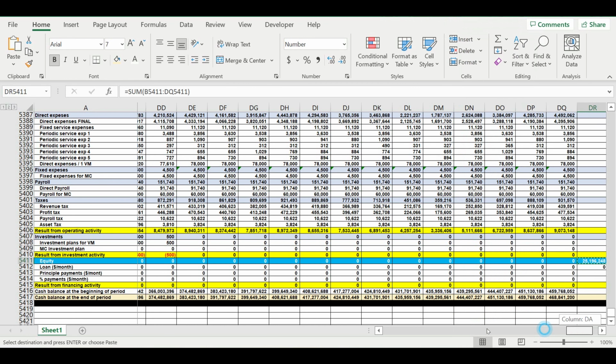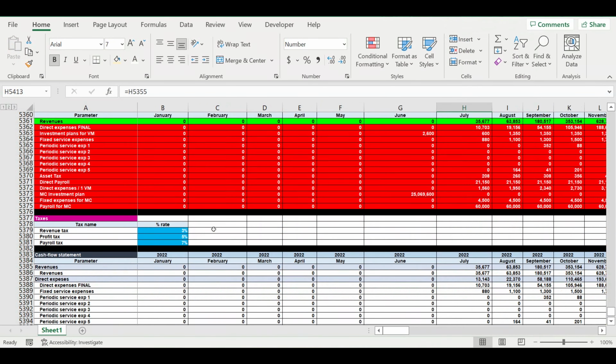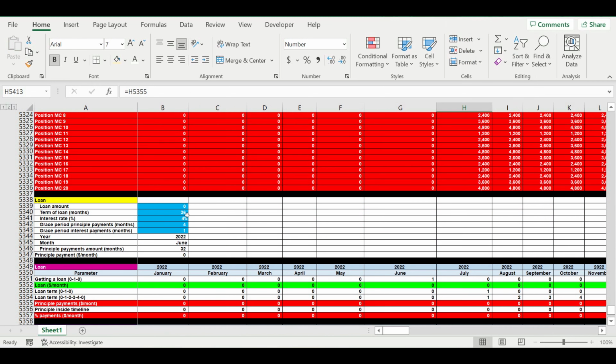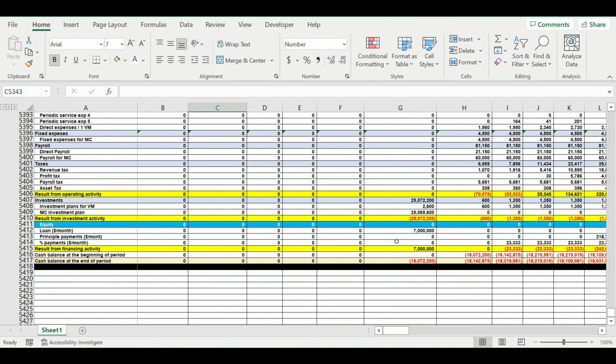Also, for example, you may have a more complicated story where you have a loan. So for example, we'll have a 7 million loan. And now we are doing the same. We have a loan, we have a cash gap, and we are doing the same.